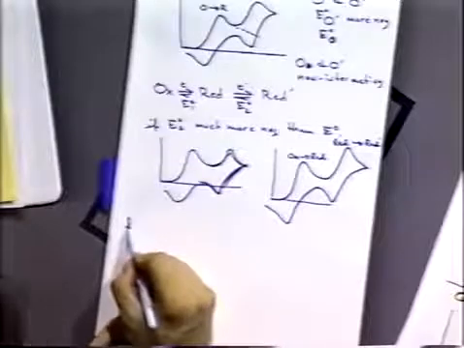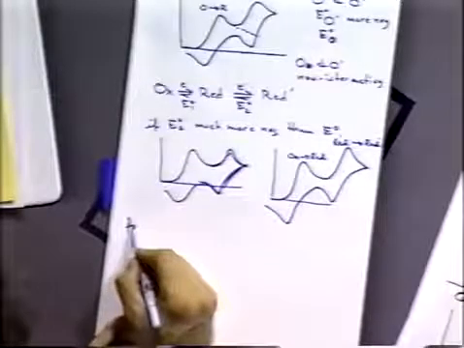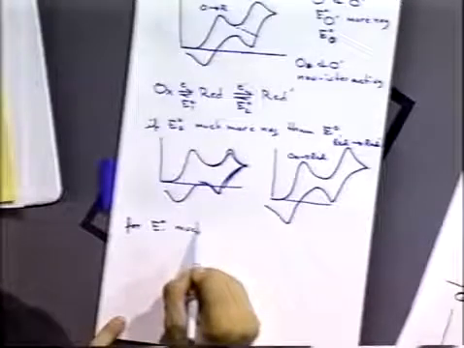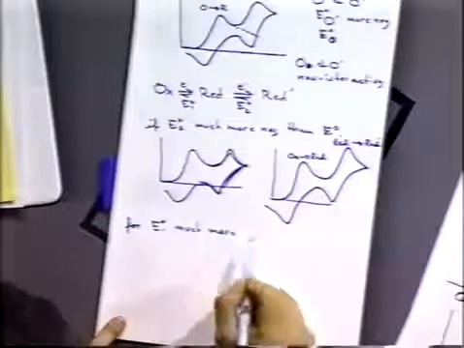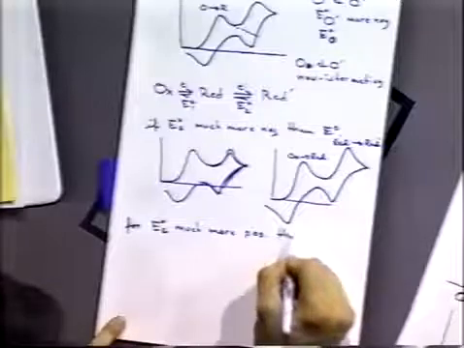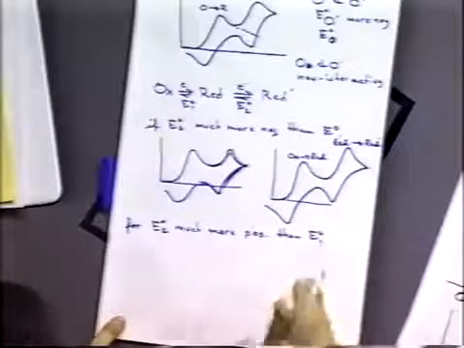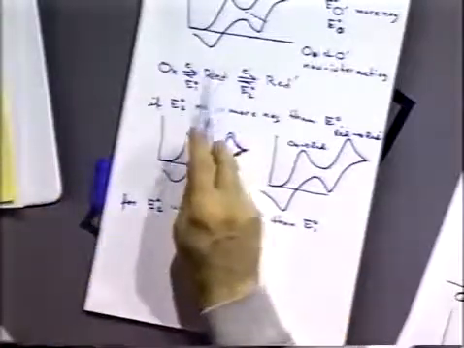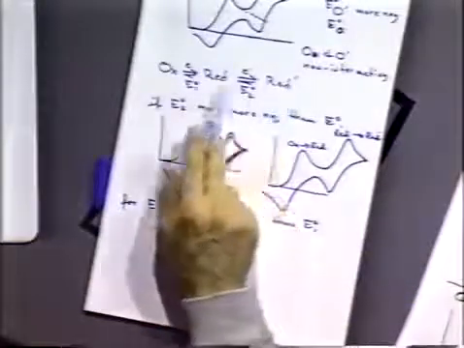What happens when E01 is much more positive, or E02 is much more positive than E01? Well, now we have an interesting situation, because once we've made red, it has the potential at which it can actually interact with red prime and regenerate ox in this species.